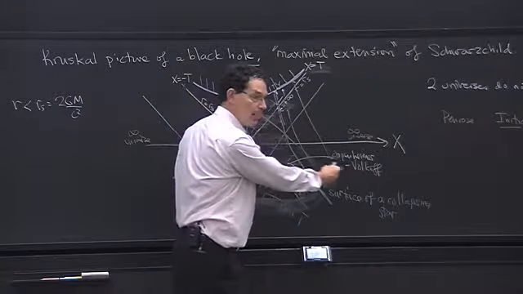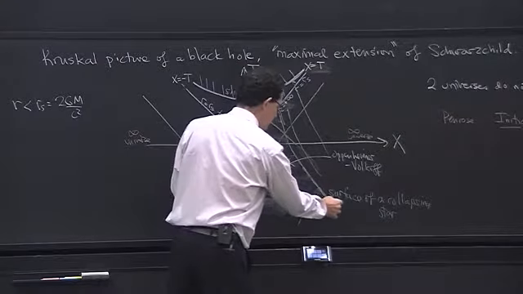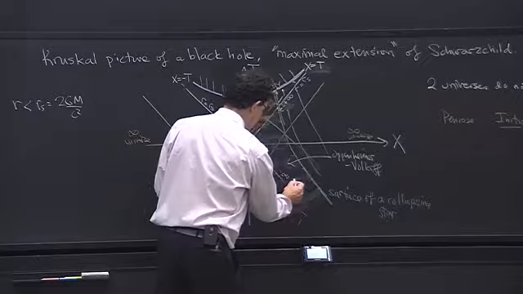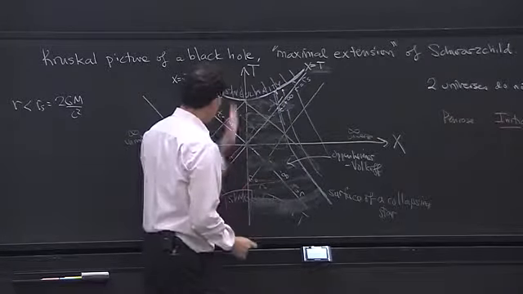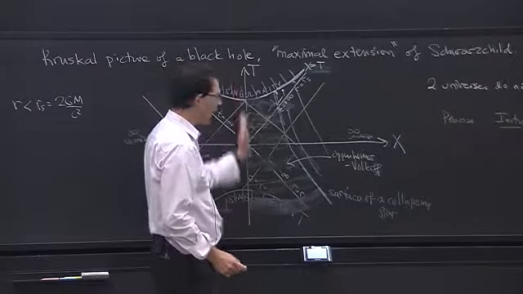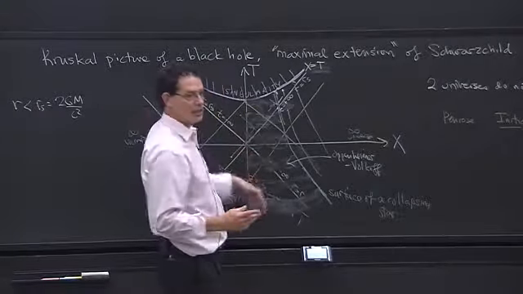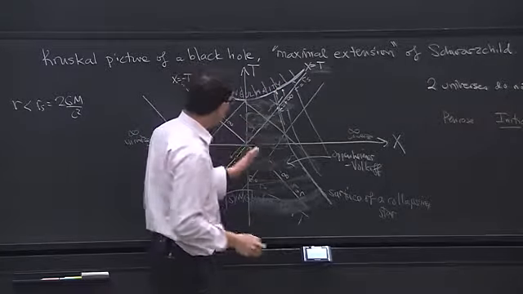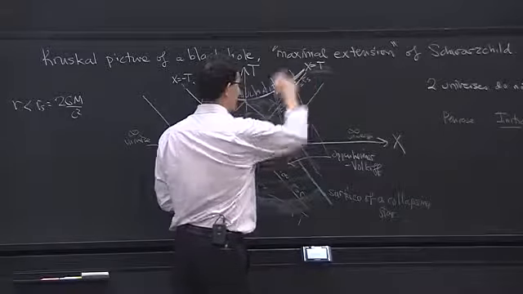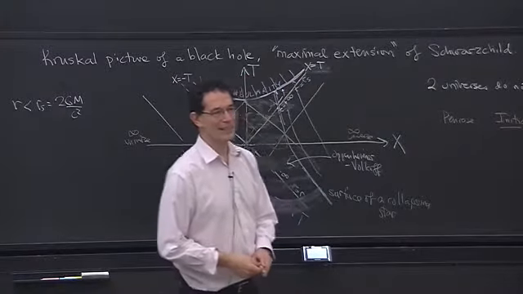But when I do Oppenheimer-Volkoff, r will go to 0 here. I have the surface of a star, and when I extrapolate the solution, I'll go to r equals 0, and everything will be regular. So basically, this line gets replaced by radius 0, but there's no extension, there's no singularity, there's nothing. Okay, but nevertheless, it is true that for this part of the space-time, there's nothing you can do to change that. You're stuck with it.